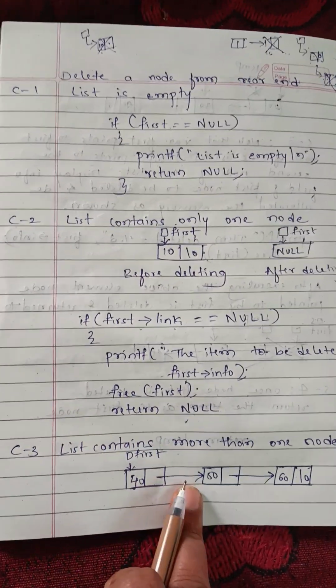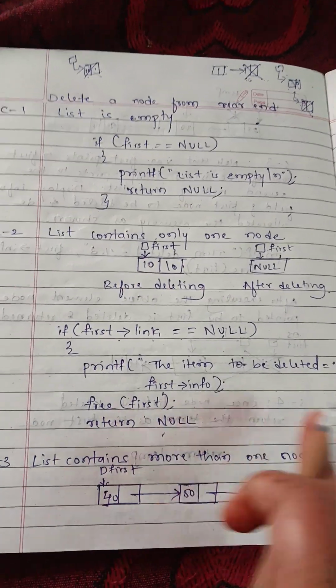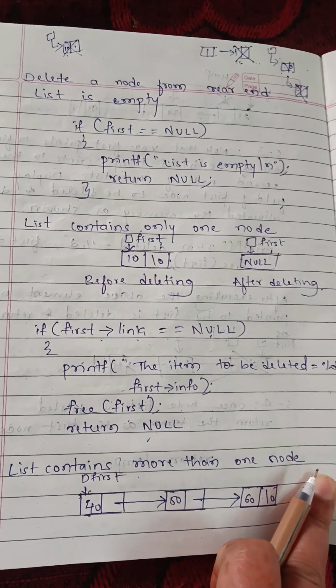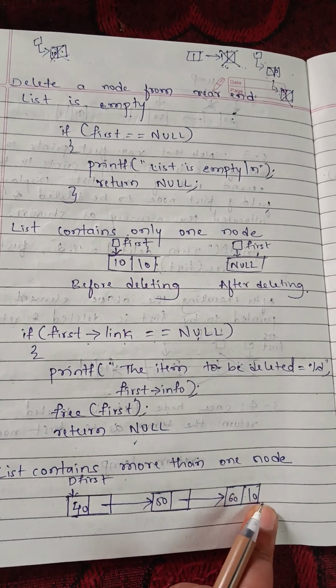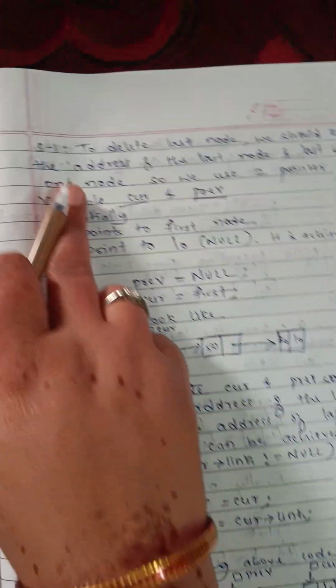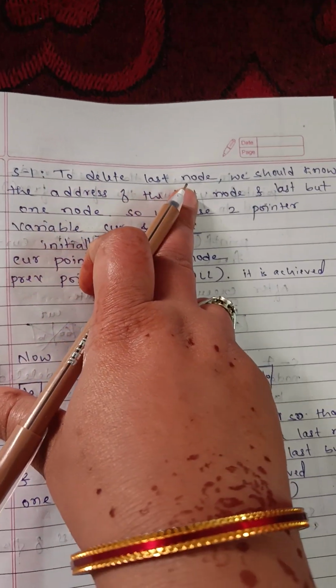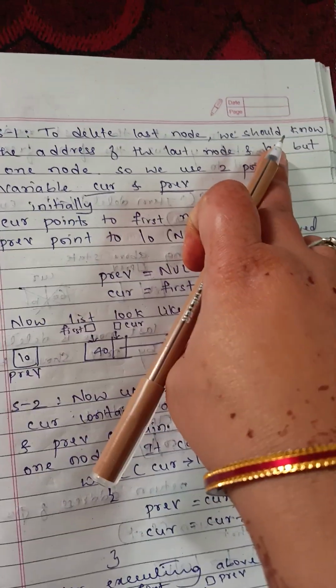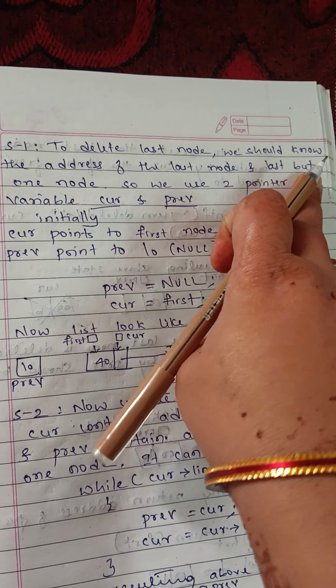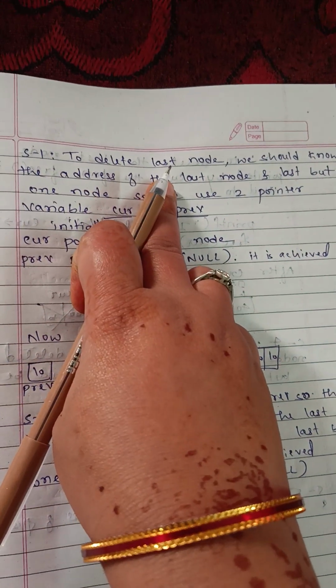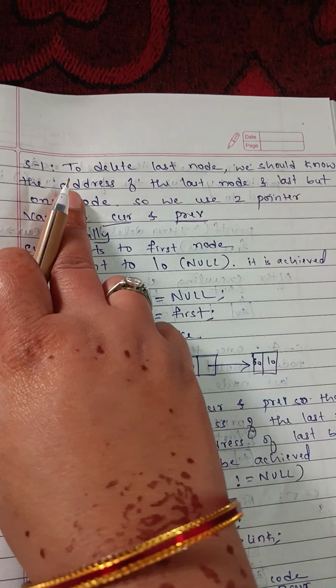The next case is, the list consists of more than one node. Here we have three nodes. Let's see what steps we have to follow. To delete the last node, which is 60 now, we should know the address of the last node and the last but one node.